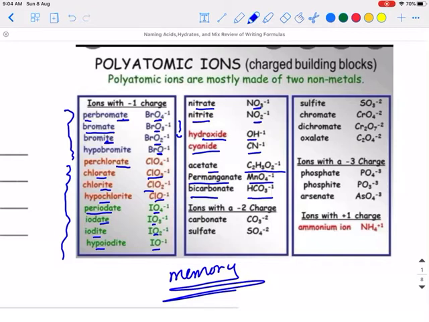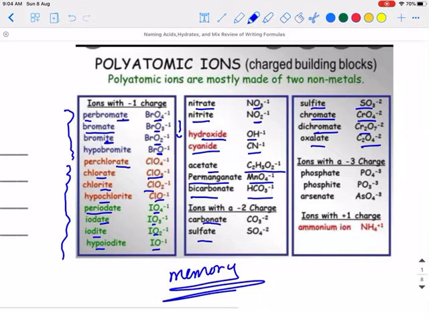There are polyatomic ions with -2 charge. Examples: carbonate, CO3 2 minus, sulfate, SO4 2 minus, sulfite, SO3 2 minus, chromate, CrO4 2 minus, dichromate, Cr2O7 2 minus, oxalate, C2O4 2 minus.